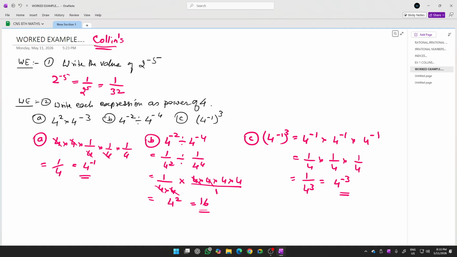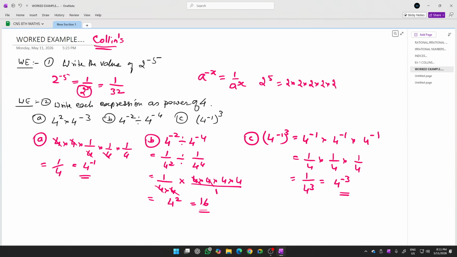So 2 raised to minus 5, you can always write it as 1 upon 2 raised to 5. Just now I told you, a raised to minus x can be written as 1 upon a raised to x. Isn't it? So the same thing I did here. Then this denominator, 2 raised to 5, the meaning of that is you have to multiply 2 five times. 2 into 2 into 2 into 2 into 2.